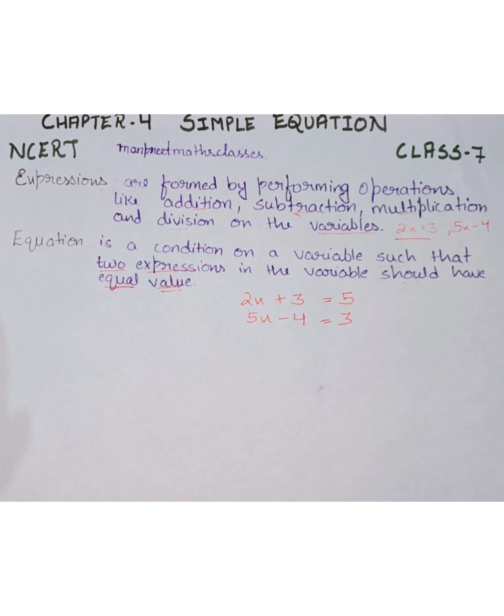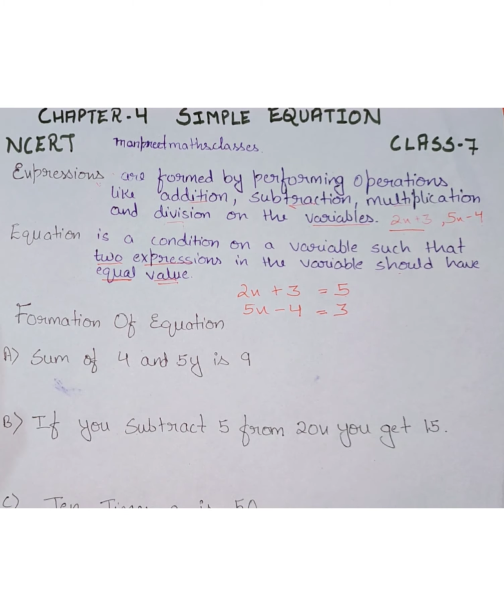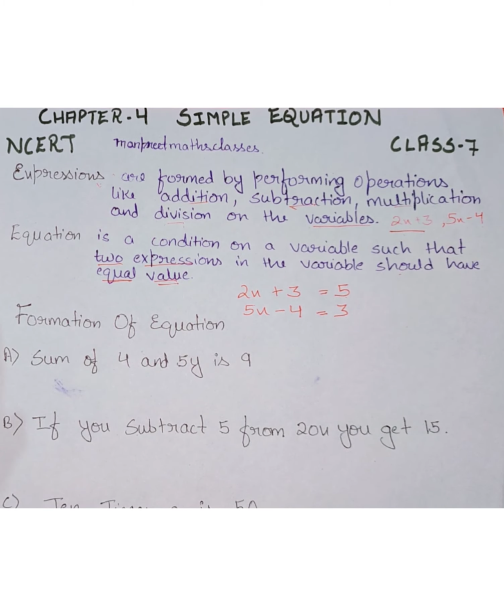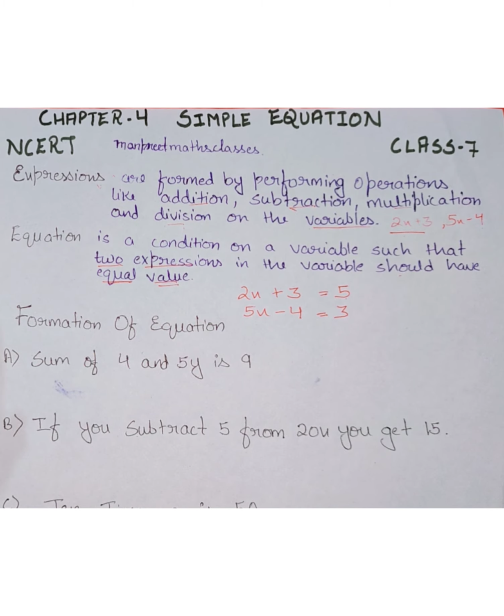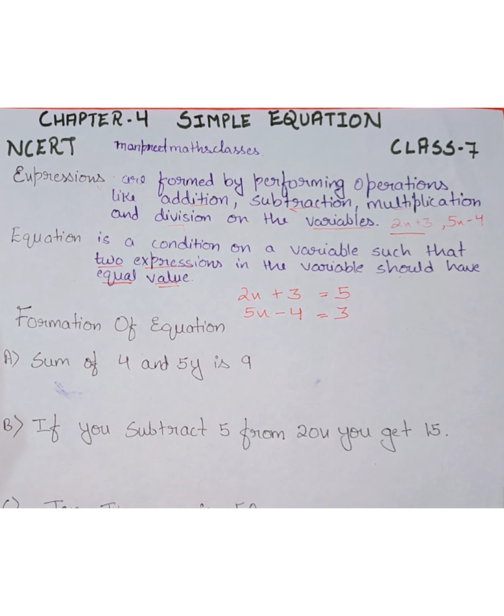Now I think it is clear what is expression and what is equation. Now let us understand how we form equations from given statements. Formation of equation. What is formation of equation? It is simply that we write the given statement in numerical form.